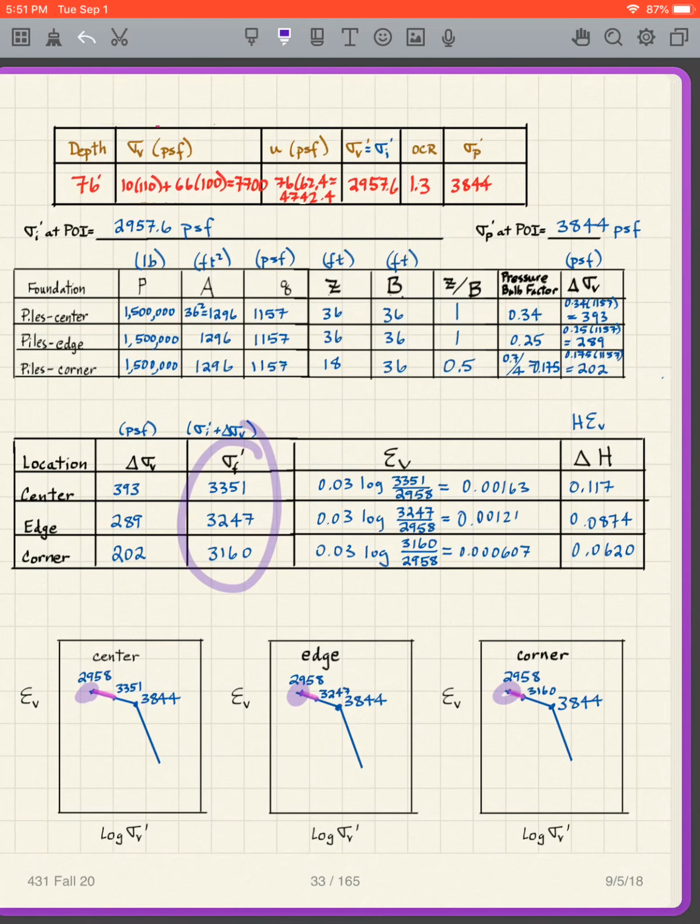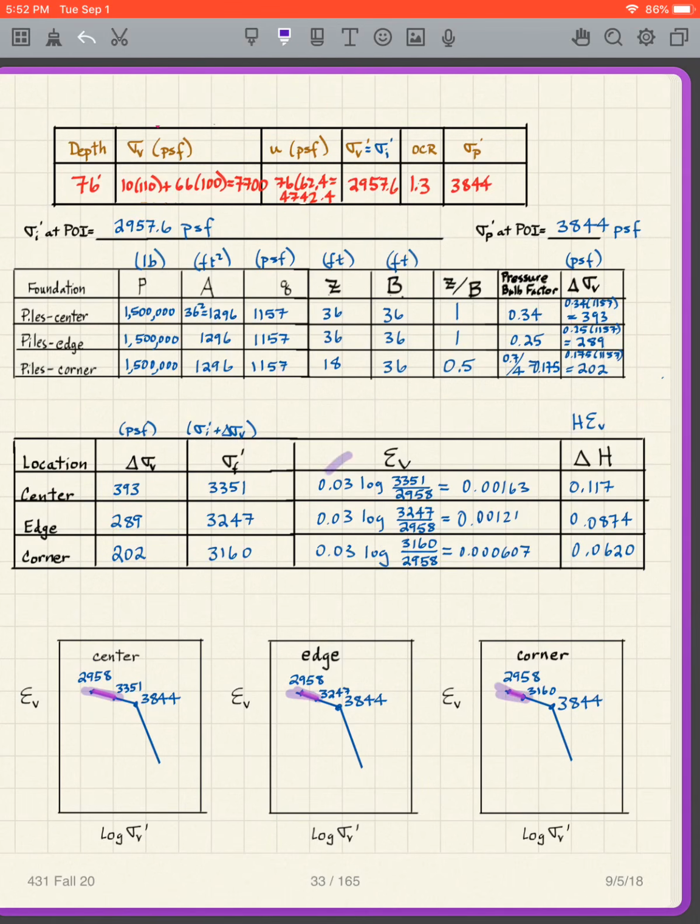Then we look at our sigma prime f. Well, all those sigma prime f's are less than the sigma prime p, which means that our sigma prime f is going to be up in here to the left of the sigma prime p, and that means we're only using the C epsilon r region of our curve here.